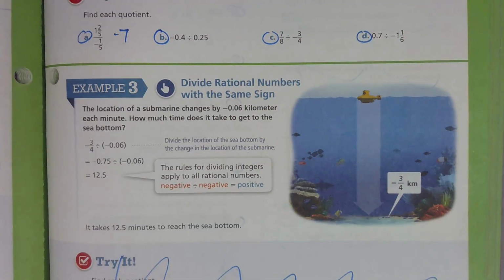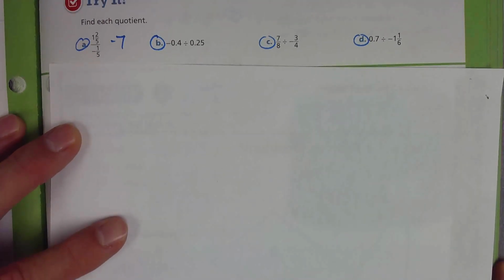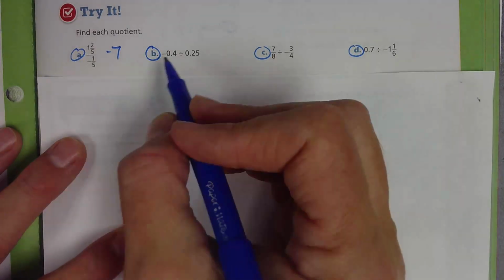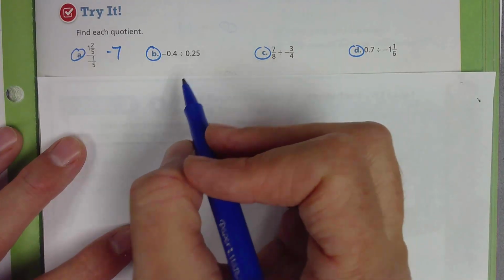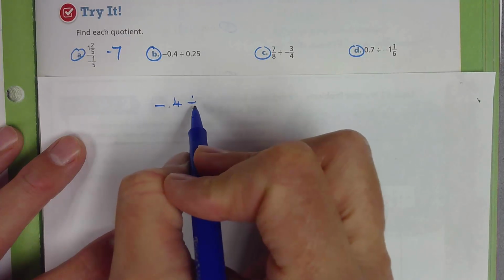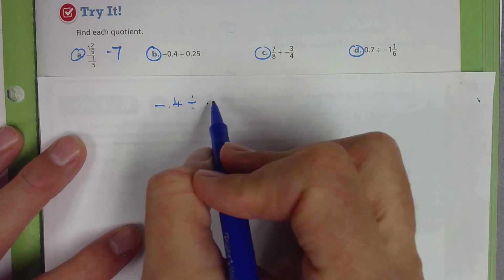Okay. So let's look at B here. So here we have decimals now. So we have a negative 0.4 being divided by a 0.25.